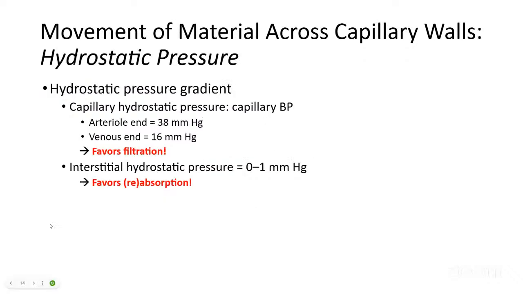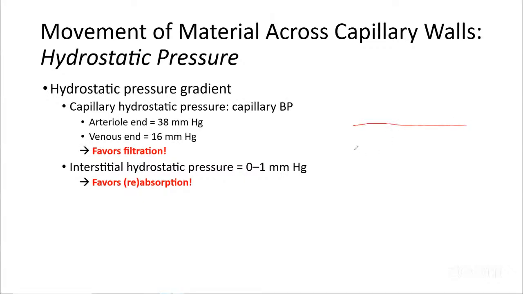Okay. So let's think about those hydrostatic pressures first. That's kind of the newer one. So hydrostatic pressures, we're thinking pushing out on walls, or pushing into walls from the outside. Okay. So we're going to imagine our setup. We're going to be thinking about our capillary.